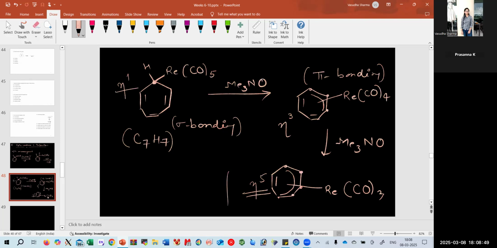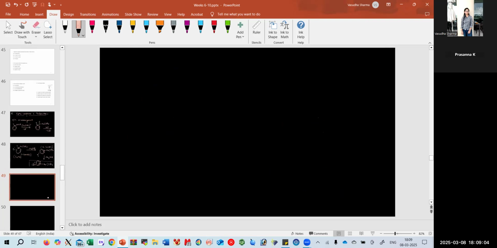So this is where we can make a transition metal complex with C7H7 ligand going from sigma bonding to the pi arrangements. So this was one of such methods, and we ended the last session with this discussion.